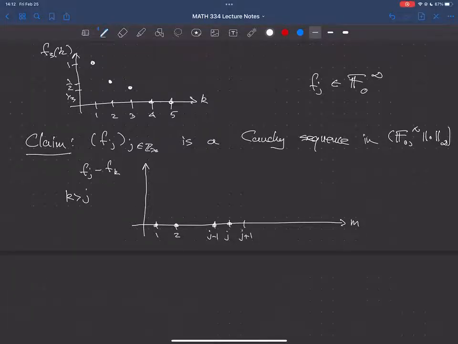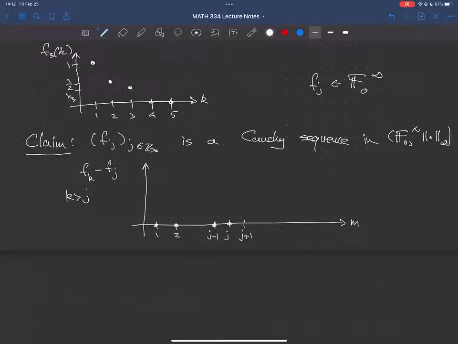suddenly now fj is going to be 0, and so the only thing that I'm going to have is fk, so I always have to adapt this as I go along. Okay, so just to keep things positive, let me look at fk minus fj.